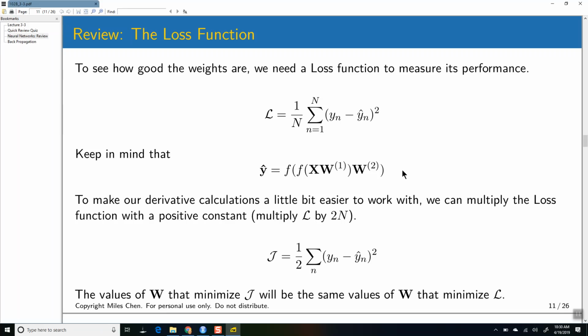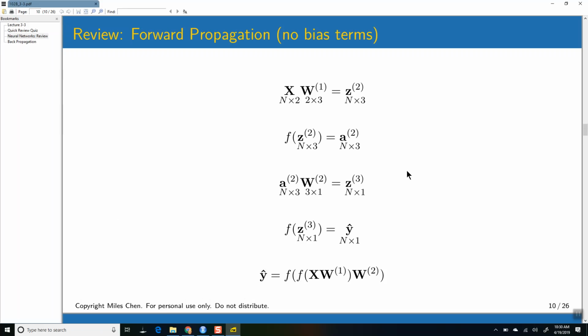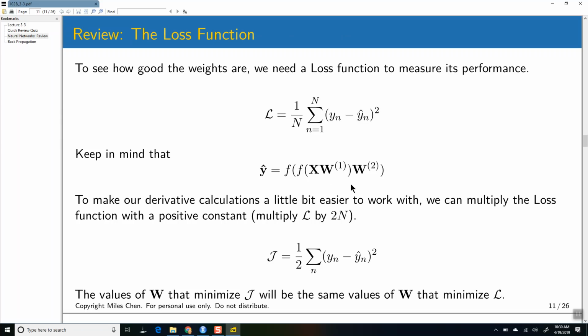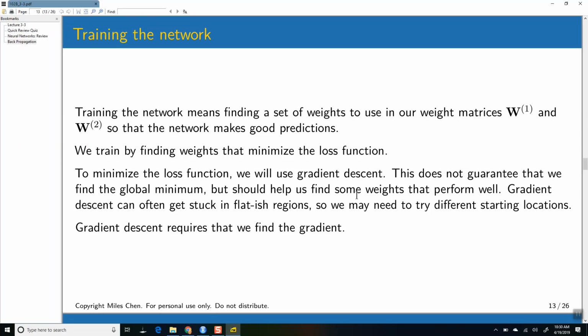So finding where the gradient is equal to 0 here is quite challenging because we have these sigmoid activation functions, and they're nested in each other, and so we'll see it's a challenge just to find the gradient in and of itself, but we'll manage, we'll get the gradient, okay? But then figuring out where that gradient is equal to 0 is quite tough, so we use gradient descent, okay?